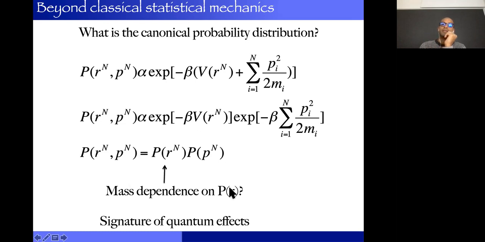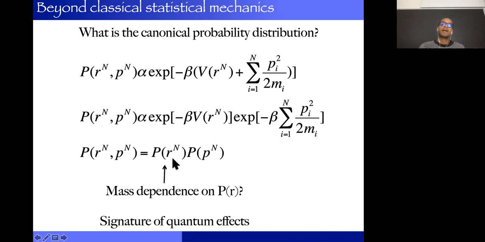And the momentum part in the classical case would just be the boring Maxwell-Boltzmann distribution. And so in this part, there is no mass.